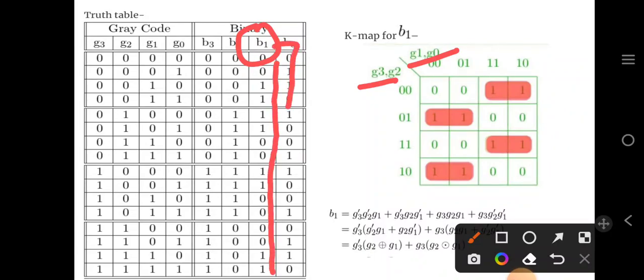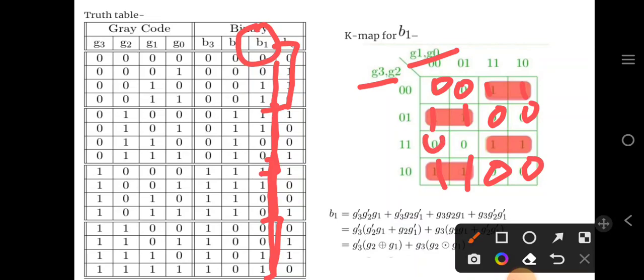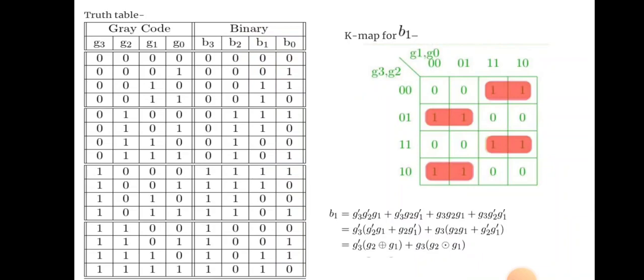So 0 0 1 1, then 1 1 0 0, then 1 1 0 0, and lastly 0 0 1 1. So like this we have put all these bits in the K-map.